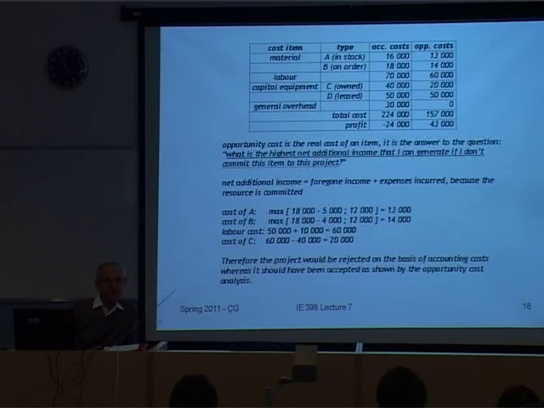Because what happens is that when we transfer the manager from another project to this project, no money changes hands. He still receives his 20,000 salary, all right? But because we have moved him, we have to employ somebody else over there, and it will cost us 10,000.